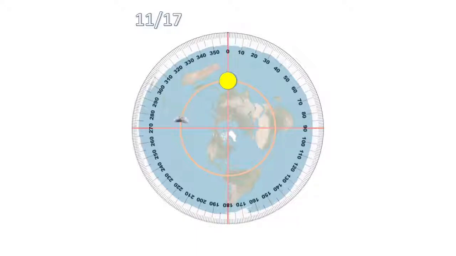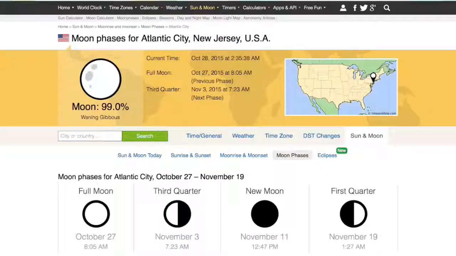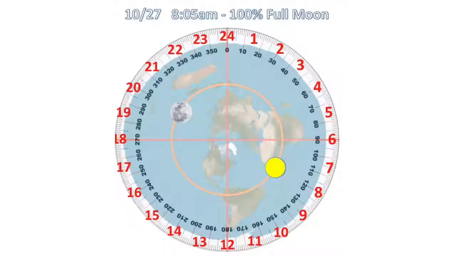The lit side of the moon always faces the sun. Because the moon is slightly slower than the sun, it loses 12 degrees per day. And the change in the moon's positioning in the sky relative to the sun causes the lunar phases. Now, technically, the 100% full moon in Atlantic City was on October 27th at 8:05 a.m. And this is what that would look like on the flat Earth.